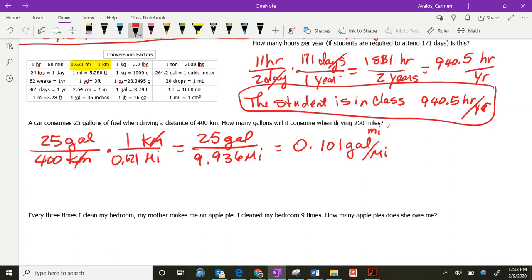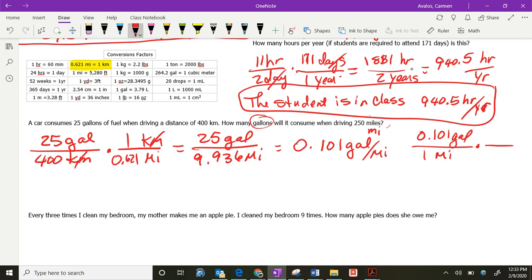the 250. So the way that you do that is I am going to say that it's going to be 0.101 gallons in 1 mile, and then I want the miles to go away, and the answer is just going to be in gallons. So, oops, I don't need that L there. So it's going to be, I want to get rid of the miles.